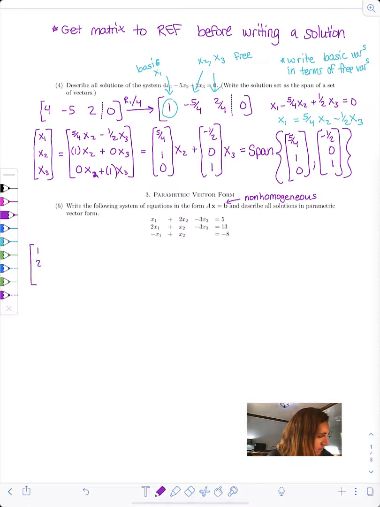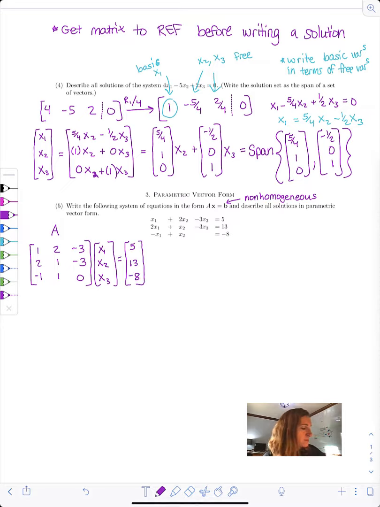We have 1, 2, -1, 2, 1, 1, -3, -3, 0 is our A. Our x is x1, x2, x3. And then our b is 5, 13, -8. So here's Ax equals b. And again, if those b values were all zeros, we'd be back in the homogeneous situation.